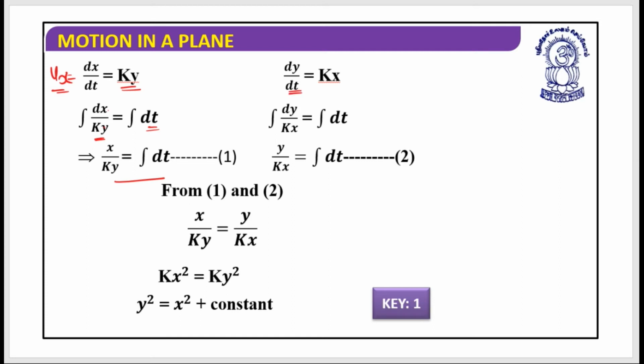Same way dy by dt is equal to kx, so integration of dy by kx is equal to integration of dt, and this is y by kx, equal to integration of dt. So from 1 and 2 I can equate x by ky is equal to y by kx, and according to this it's kx square equals ky square, or I can write it like this, y square is equal to x square plus constant.